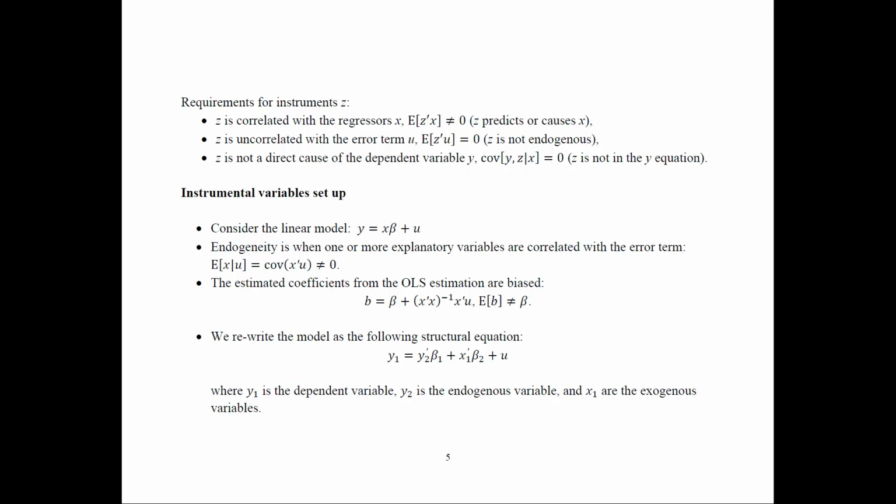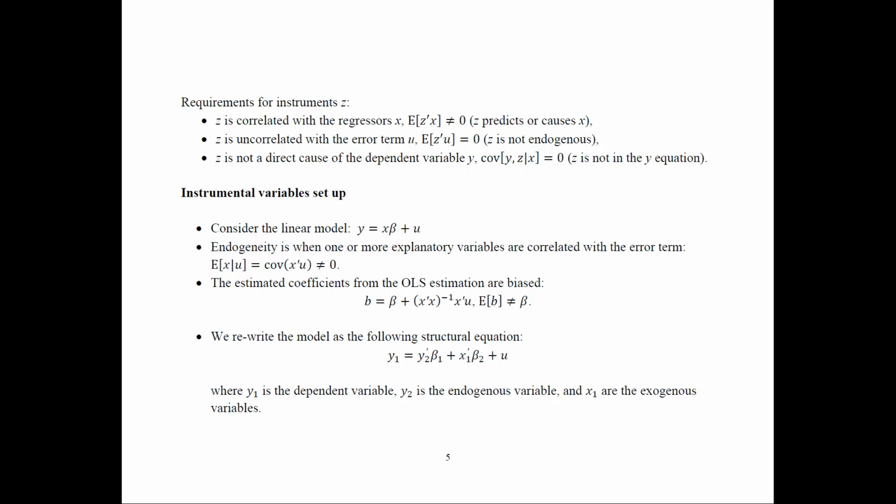So the goal here is to find instruments that are not correlated with the error term, that would influence the regressors, and will not be included in the equation for the dependent variable. Now, that's probably the toughest thing here, is to find good instruments. It's very hard to do that. And the last one is that Z is not a direct cause of the dependent variable Y.